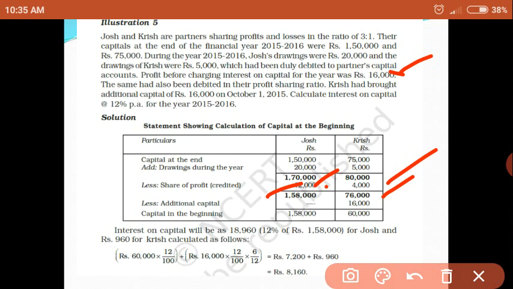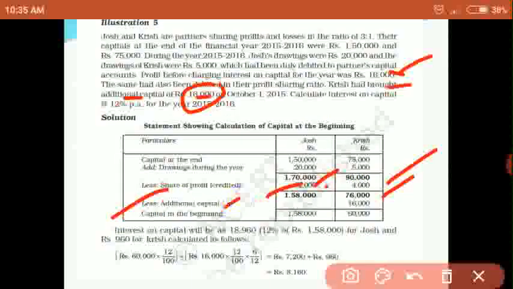Krish has brought additional capital of 16,000. One partner has brought some additional capital into the business for rupees 16,000. Your partner brought additional capital into the business, so this additional capital you have to deduct from the closing capital. Only Krish has brought it, so less additional capital 16,000 in the Krish column.